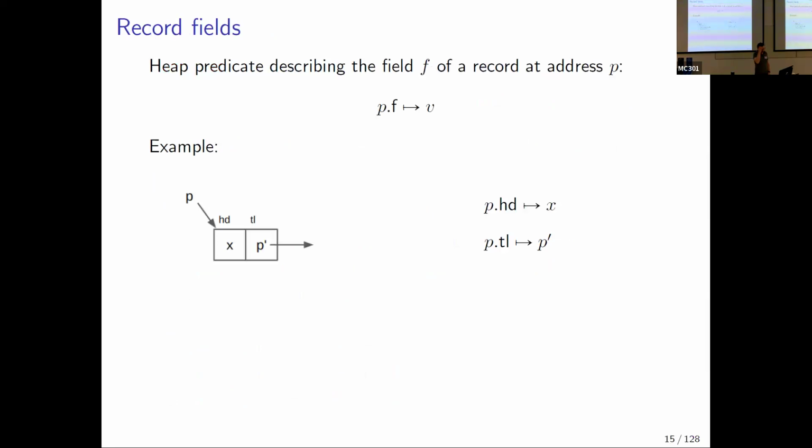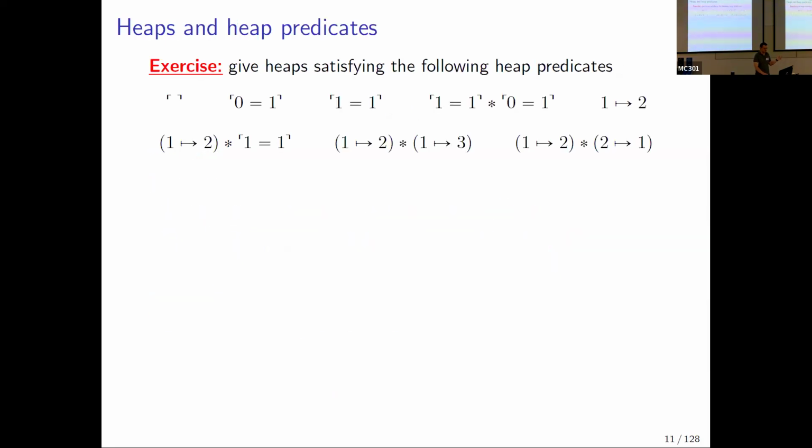Okay, so just to know what you can do with this, say you have records in your programming language, like a record with head and tail for mutable linked lists. You can add things on top of your basic predicates.